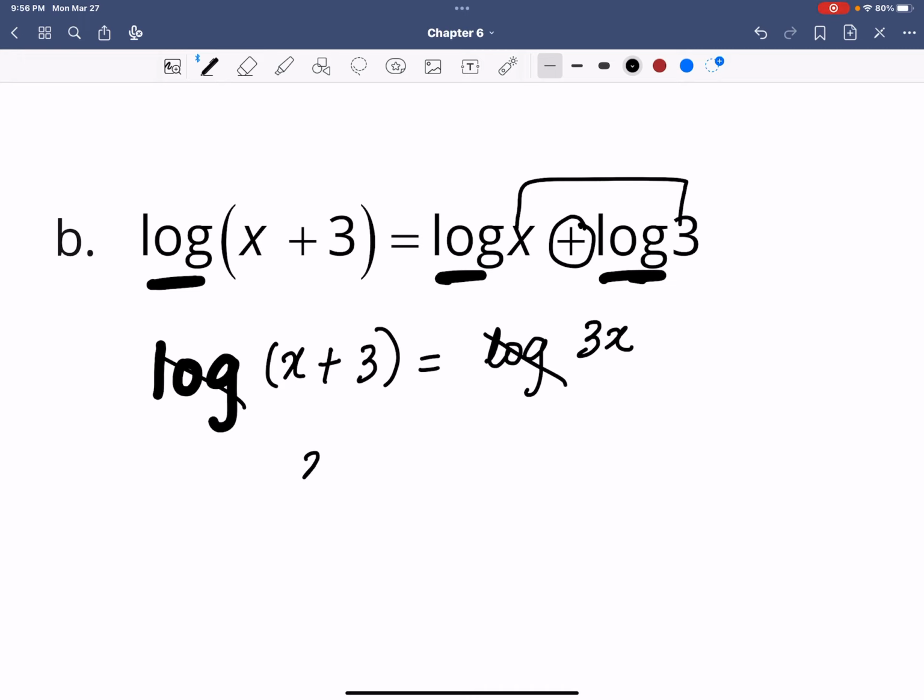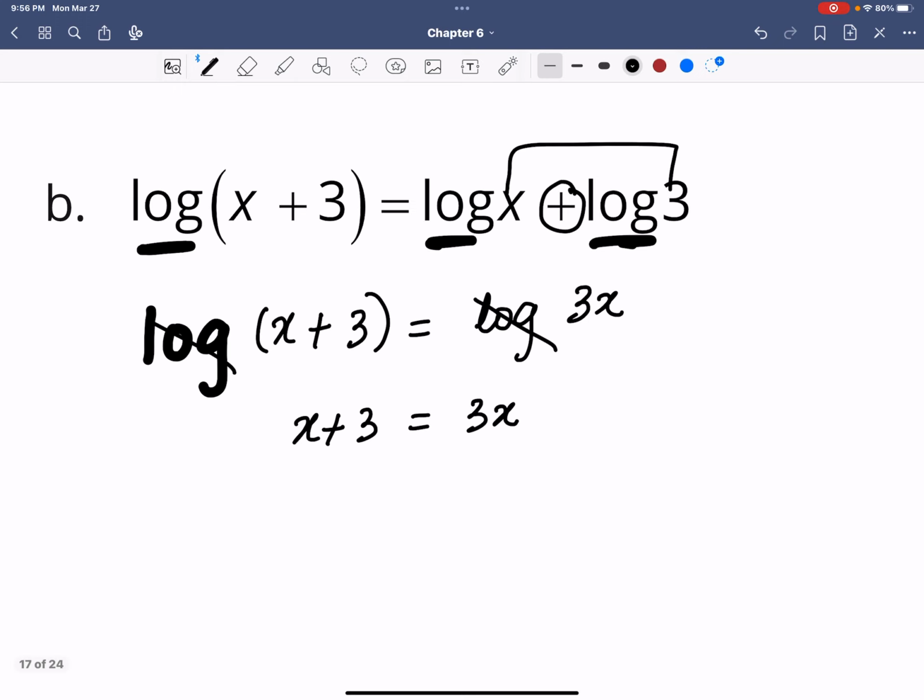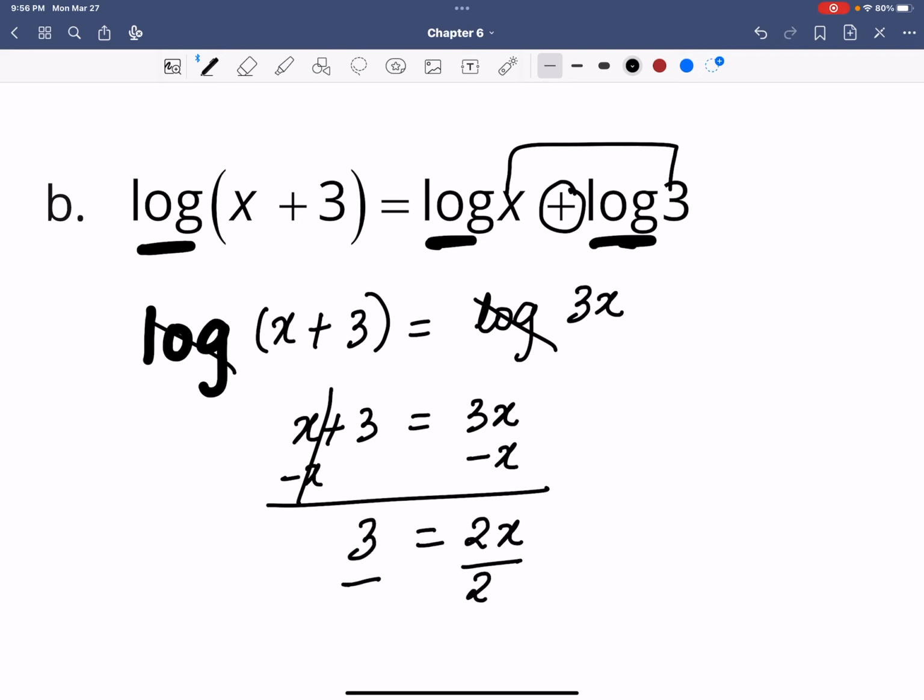And now I have x plus 3 is equal to 3x. So I subtract x from both sides, and I have 3 is equal to 2x. Divide by 2. And I have x is equal to 3 over 2.